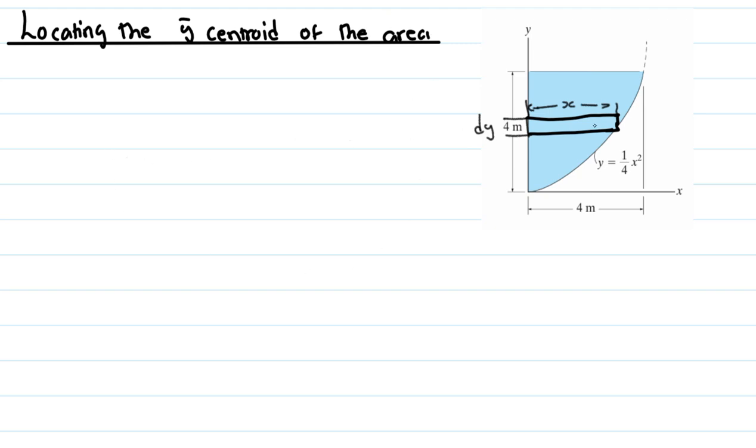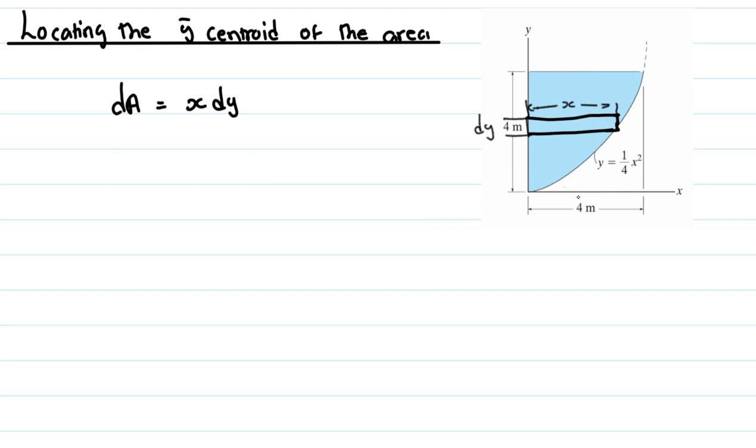So let's write the equation for the area of that rectangle. dA is equal to x multiplied by dy. Now I have to remove that x over there. I have to write it in terms of y.